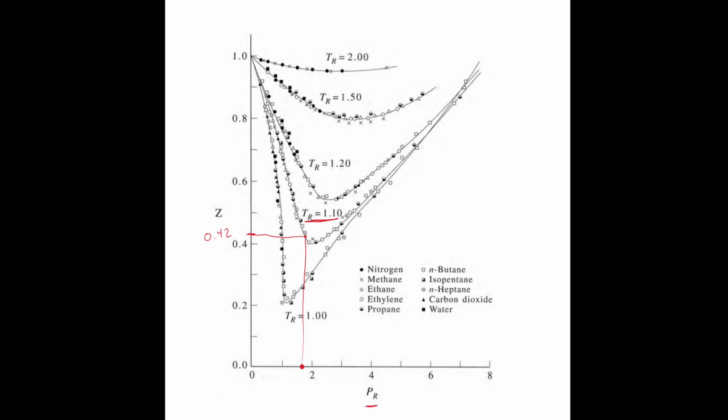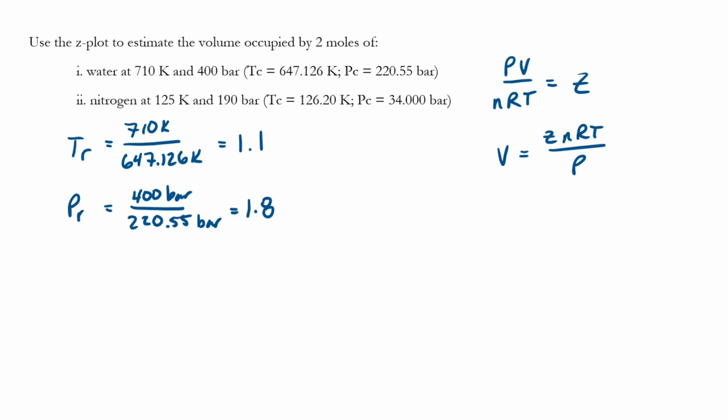Now that we know the value for Z, we can complete the question for water. So the volume of water is going to be 0.42, which we took from the plot, times, and it asks for 2 moles. So our gas constant will be in units of bar liters, which makes the value 8.314 times 10 to the negative 2 bar liter per mole Kelvin.